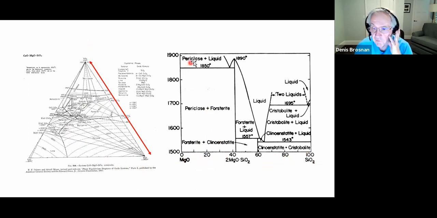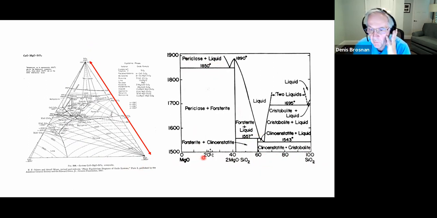Okay, so it tells us that forsterite melts up here at about 1890, but the MgO melts up here at about 1890. The forsterite melts down here at 1557.